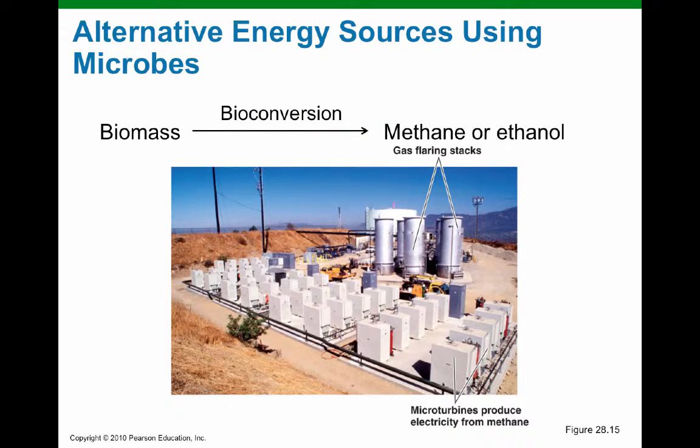Even now, there are companies that are attempting to synthesize alternative sources of energy, or on a mass scale, taking all the biomass and converting it to methane or ethanol that could be used as a substitute for petroleum, for example. So this whole Go Green movement, really at the forefront of this is the potential in microbes to produce these alternative sources of energy.